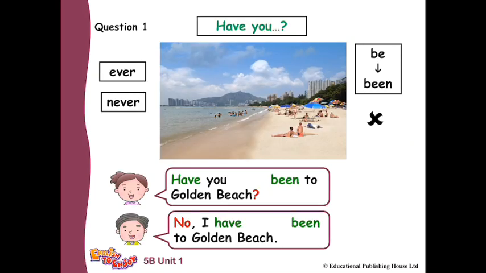Question 1. We can see the beautiful golden beach in the picture. This time, we have to decide whether to use ever or never. Can you ask the question? Have you ever been to Golden Beach?